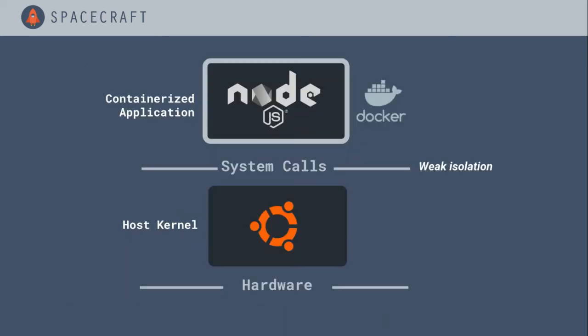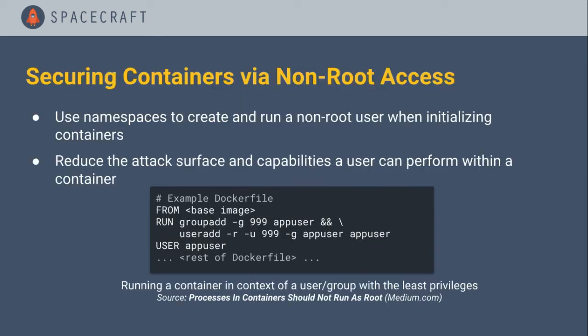So currently our app looks like this. We have our application containerized with Docker, and then our application is going to make system calls to a host kernel. And this is going to have some isolation, but it's going to be weak. So what we're going to do is, first of all, lock down our containers by providing users with non-root access.